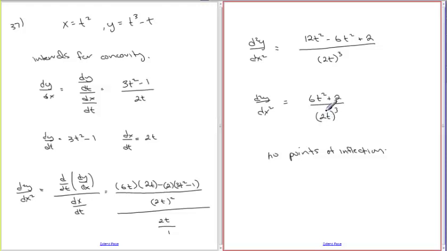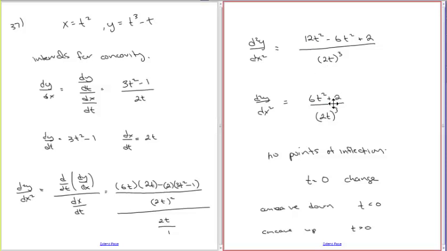So you should have a change in sign due to the denominator, and that's going to change at t equals 0. So it'll be concave down when t is less than 0, and it will be concave up when t is greater than 0, because this will be positive.